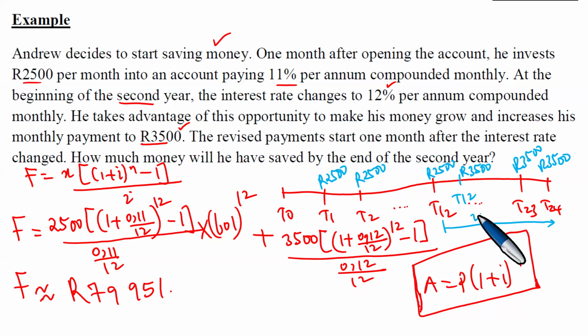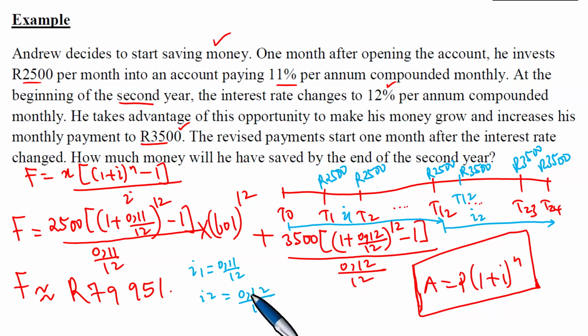Okay, we're good. So from here to there, here there's going to be I2, and here it's going to be I1. I1 is 0.11, you divide by 12. I2 is 0.12 divided by 12. And therefore this one is 0.01.